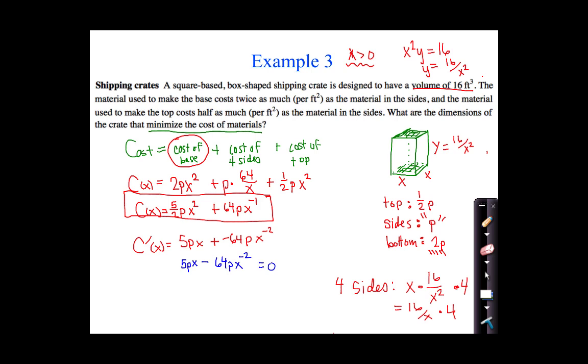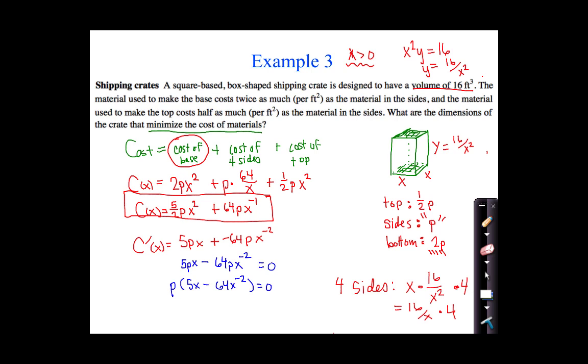But keep in mind that p is a constant. So I could factor this out, because in terms of finding derivatives of things with powers of x in them, usually factoring is a thing that we do. So 5x minus 64x to the negative 2. If you want to factor out x to the negative 2, we can do that. We could also write this in fraction form and do more cross-multiplying stuff.